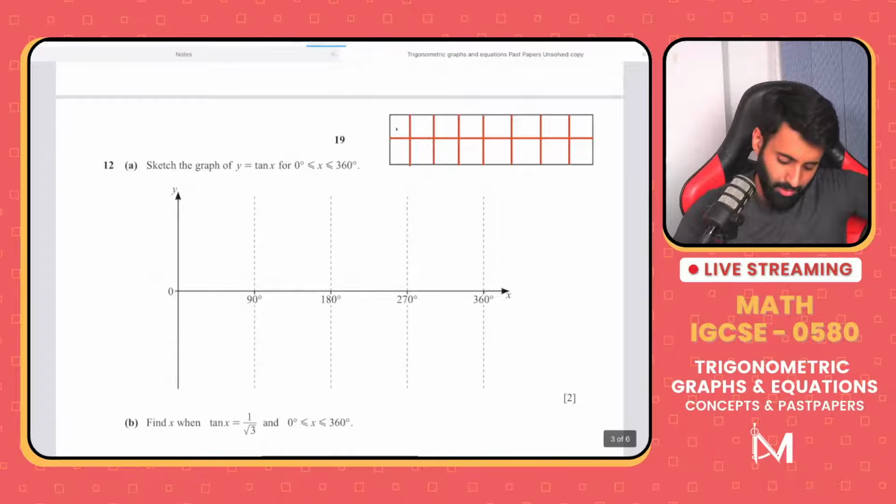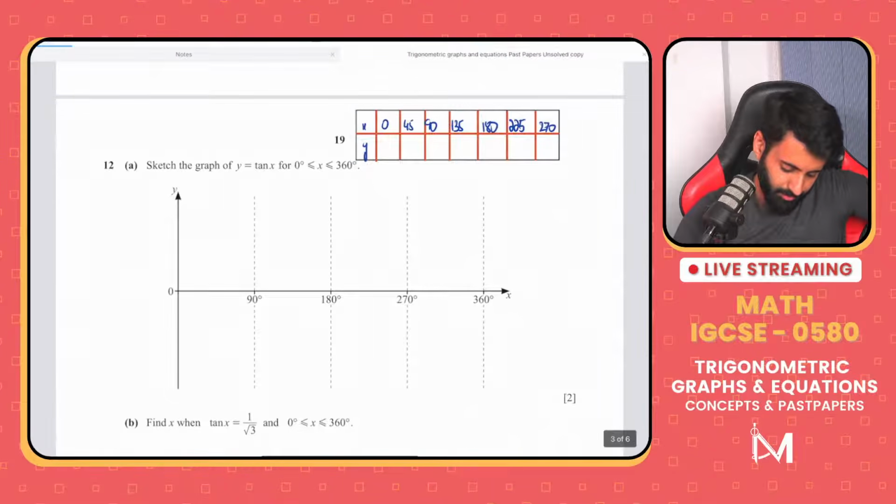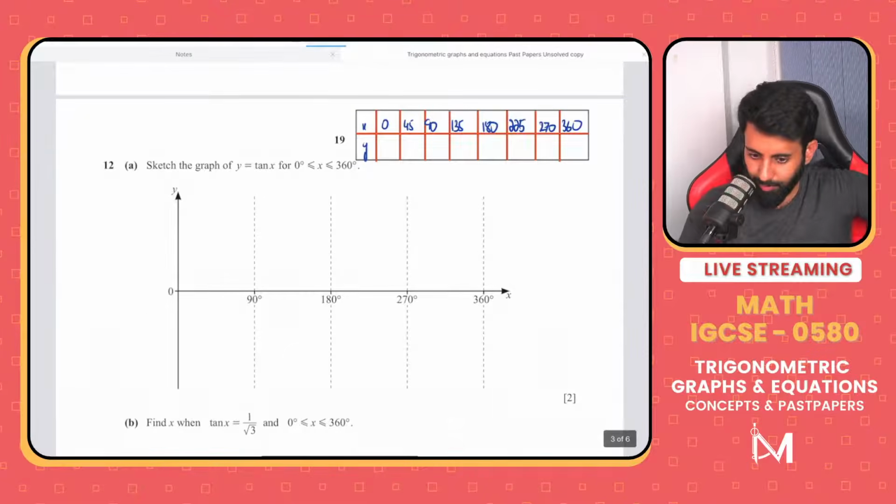Let's see. So here's x, here's y: 0, 45, 90, 135, 180, 225, 270. Nope, we are one box short. So here is 360. Okay, now let's start plugging in values. At 0, you will have 0, at 45, 1, at 90, infinity, at 135, -1, and at 180, you will have 0 again.